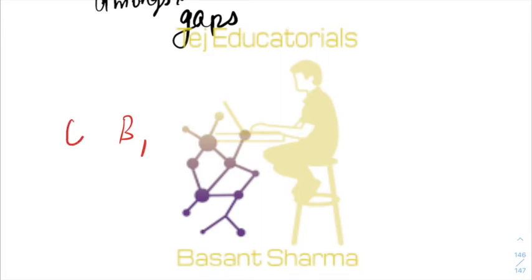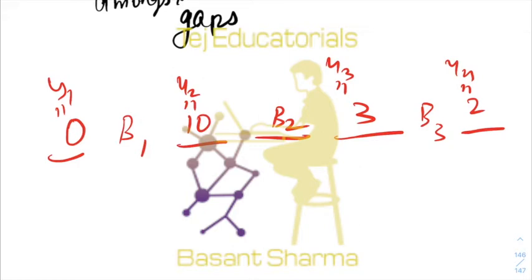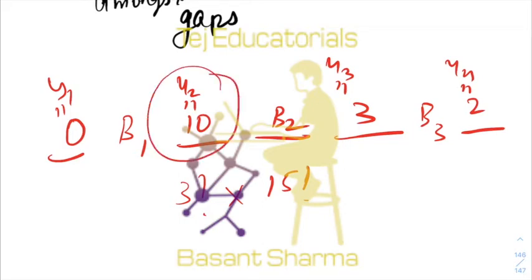Corresponding to this solution, Y1 equal to 0, Y2 equal to 10, Y3 equal to 3, and Y4 equal to 2, you have 3 factorial ways of arranging the boys, and 15 factorial for the arrangement of girls, but this condition will still be satisfied, that 10 girls are here, 3 girls are here, 2 girls are here.